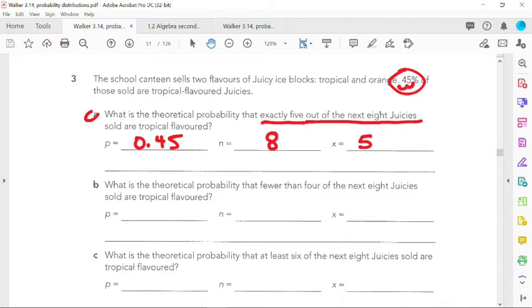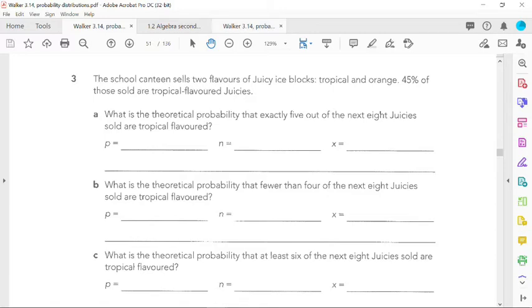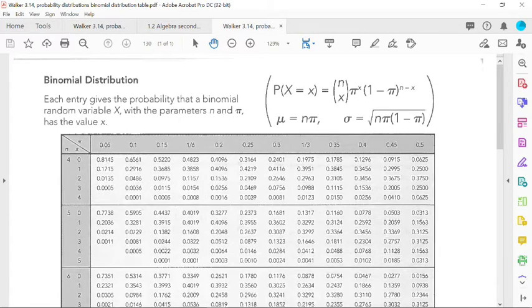All we need is those 3 pieces of information, and then we can go to our chart and find the answer. So let me just switch over to the chart. It's 0.45, 8, and 5. So going to our chart, 0.45 is here.